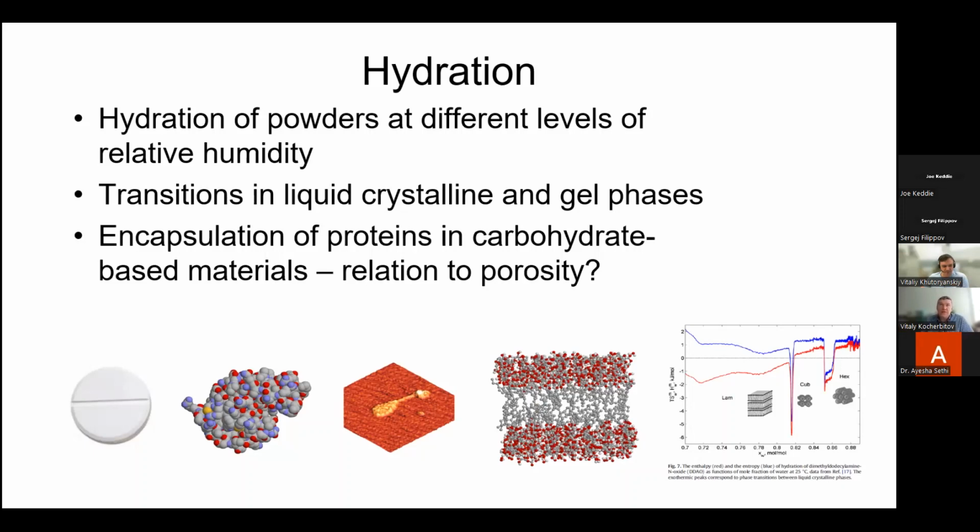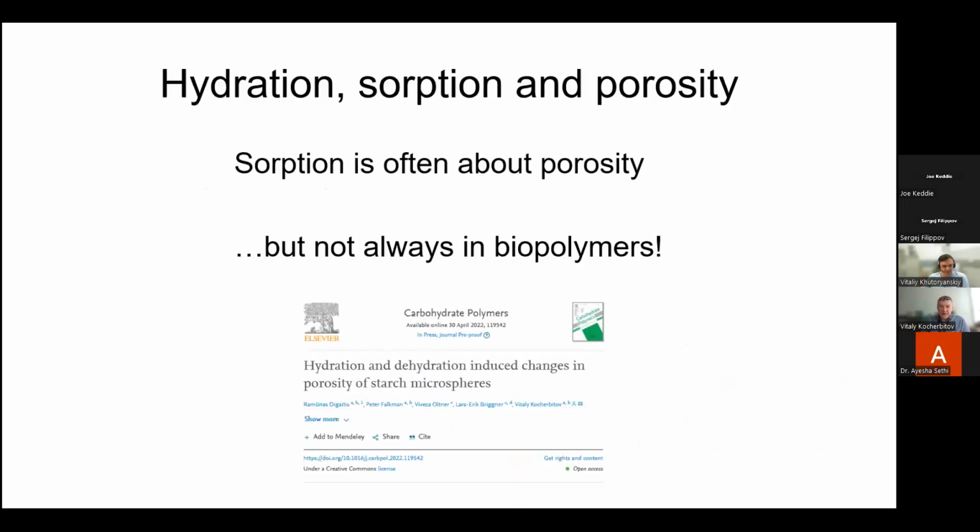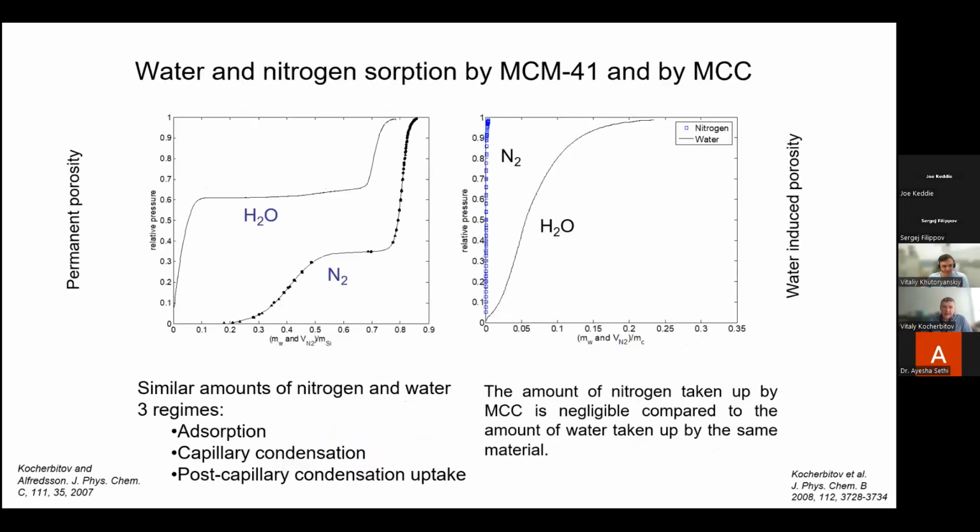And then there is often a question: if our material has a certain porosity that we, let's say, determined using nitrogen sorption or something like that, how is it relevant for the encapsulation of, let's say, proteins? I will try to show how wet and dry porosity in these materials are related, and how one or the other is relevant for encapsulation of proteins.